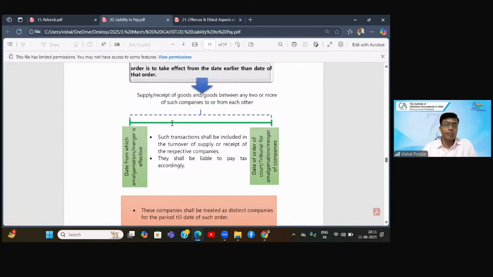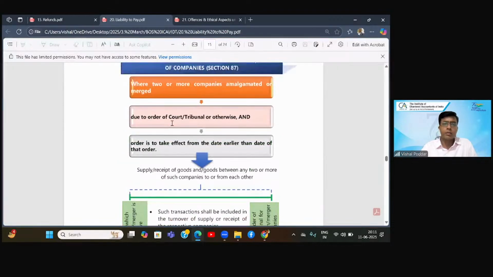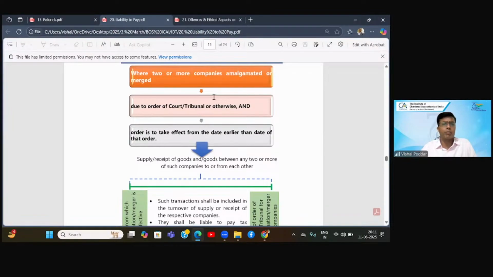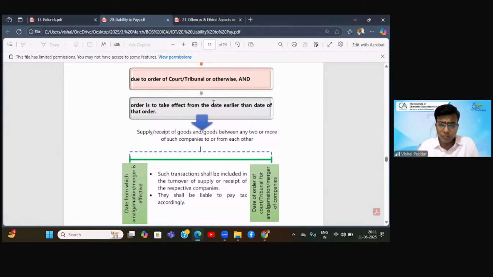Now what is this point? Try to understand this. So we are talking about the case of amalgamation demerger. This amalgamation demerger is resulting either because somebody has moved the court and the court has ordered this, or it is happening mutually. Then, and most important point, the order is to take effect from some prior date.